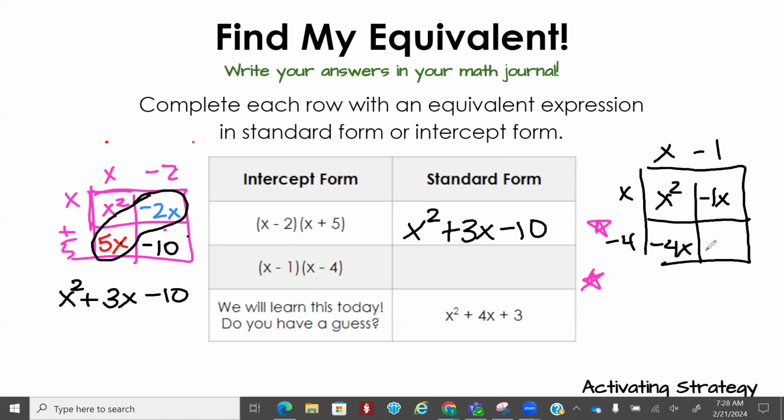And -4 times -1 gives us +4. Okay. Again, we're going to add on the diagonal. These are both negatives. So we're going to say 4 plus 1 is 5. And we're going to keep that negative out front. Bring down that 4. Bring down that x squared.